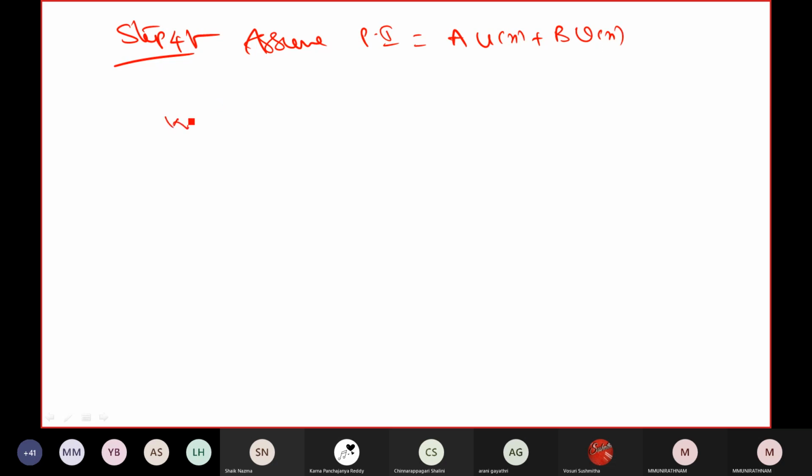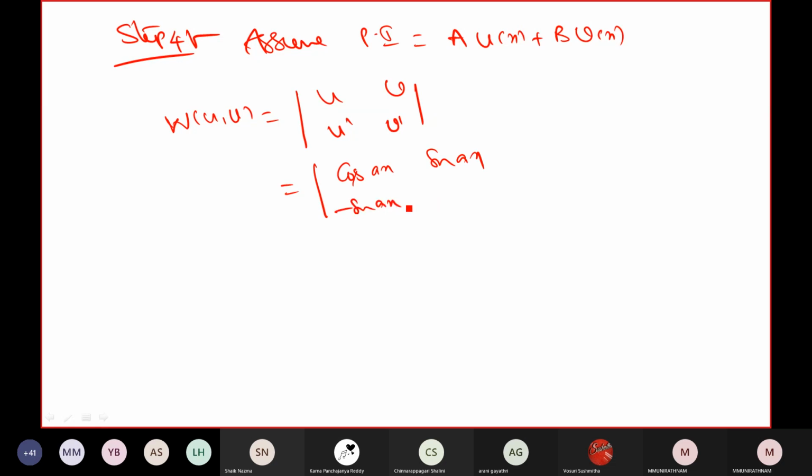So before going to that, we need the Wronskian of U comma V. So what is the Wronskian? Anyone? Did anyone do it? The Wronskian is a.